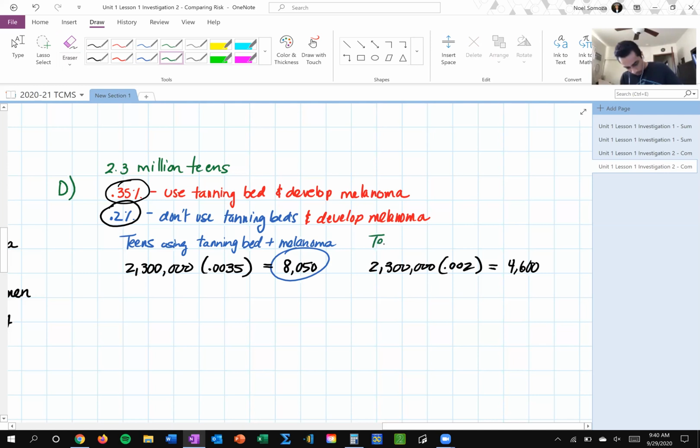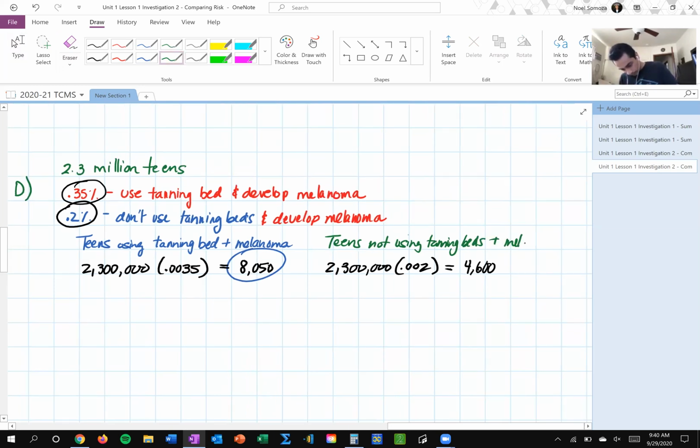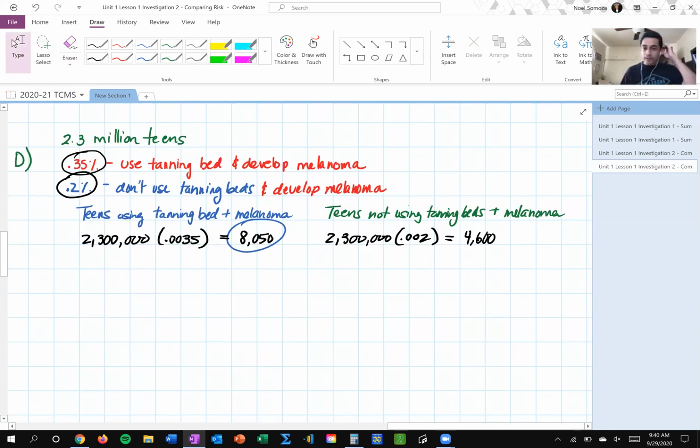We convinced all 2.3 million of them not to use them, but still getting melanoma. So if we did manage to convince all the kids not to use the tanning beds, how many cases could we prevent? What would we do with those two values?